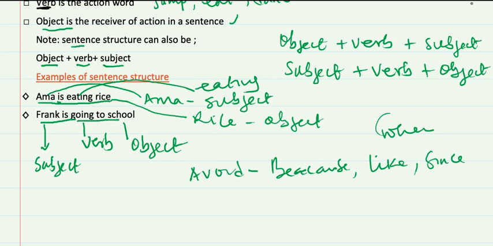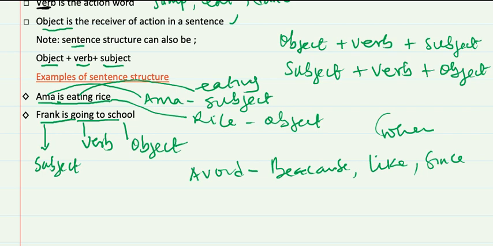If you want to write a nice and flowing essay, you should always start writing sentences with a noun. And that will make your essay very neat.